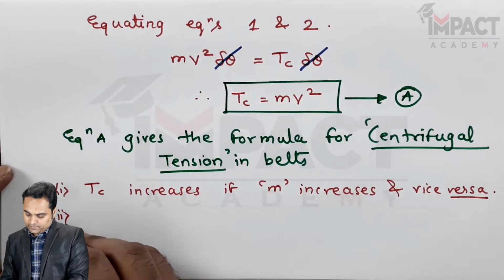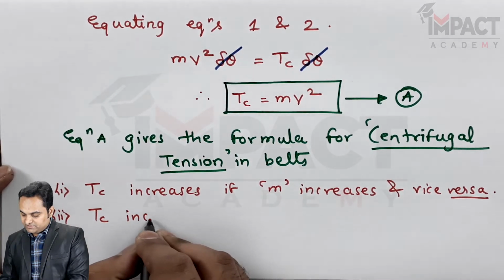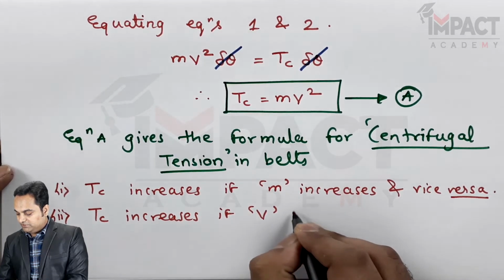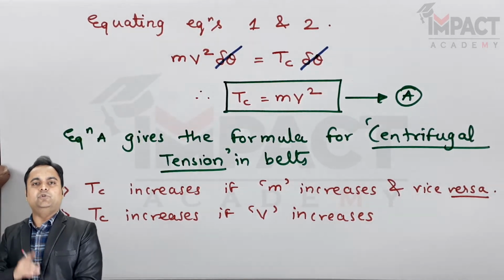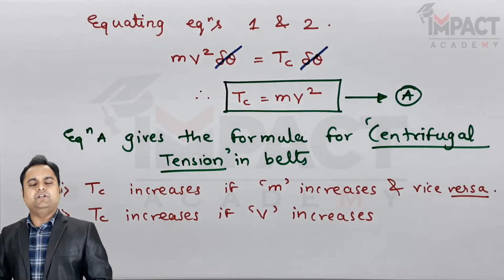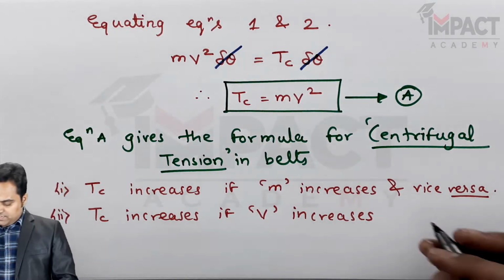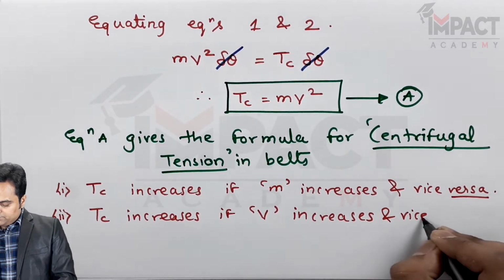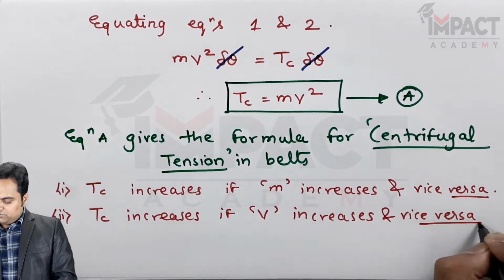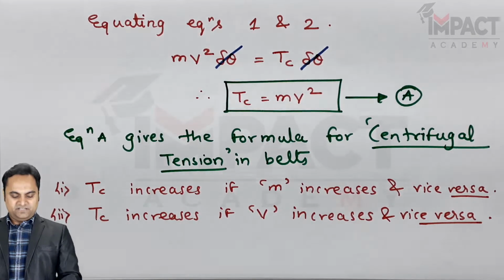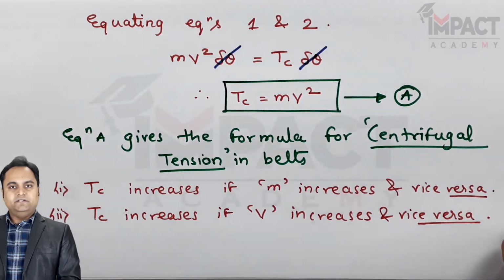Similarly, centrifugal tension increases if the velocity of belt increases, that is if we run the pulley at a higher speed, then we are going to get the more value of centrifugal tension, and vice versa, that is if the velocity of the belt decreases, then the centrifugal tension will go on decreasing.